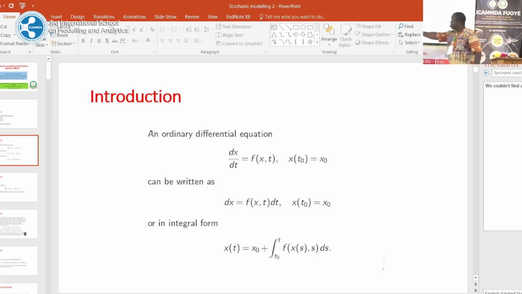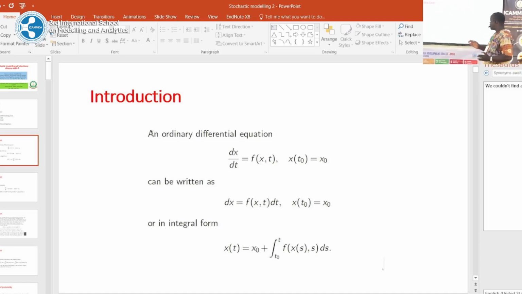And then on the integral form, you can take the integral of this because it's already having dx. You know, that's why we call integration anti-differentiation, right? Some of you who did further maths in secondary school will be able to, and then in 100 level, you did calculus. Now, so how did you arrive at this?